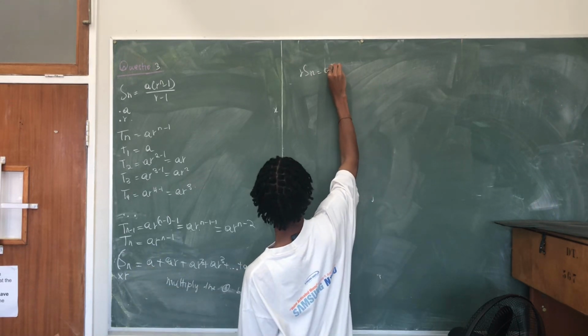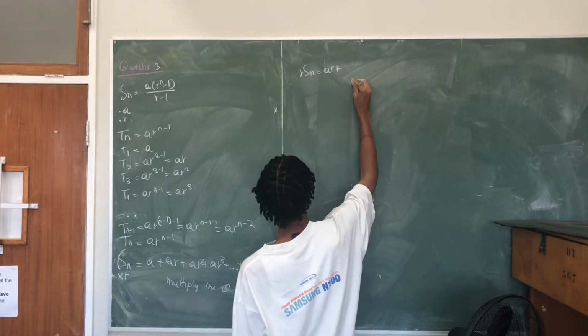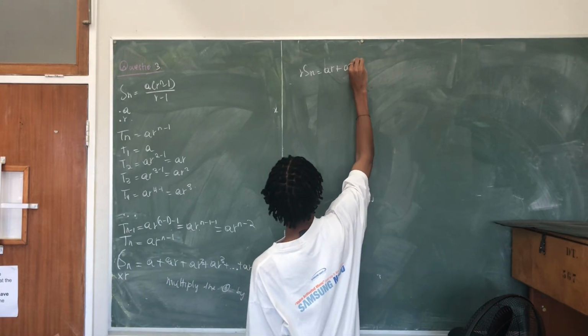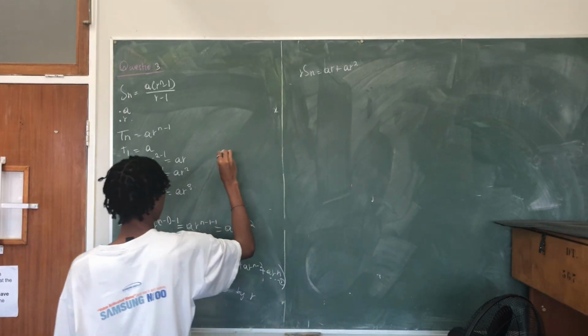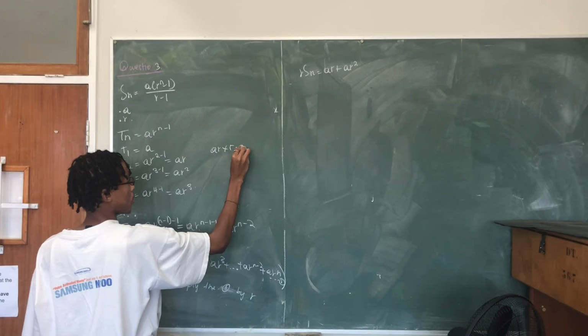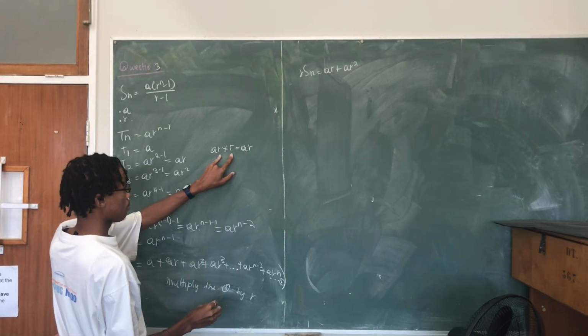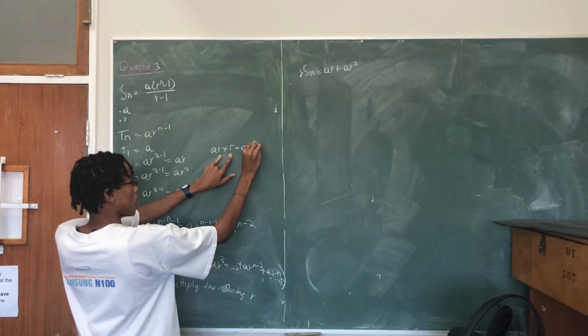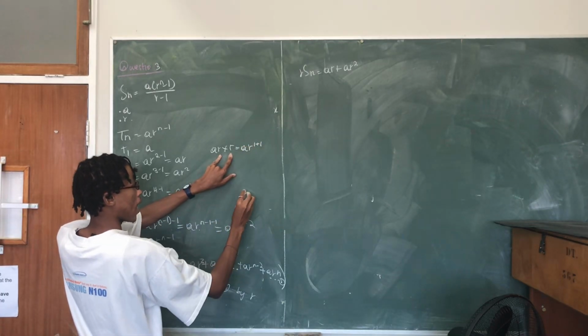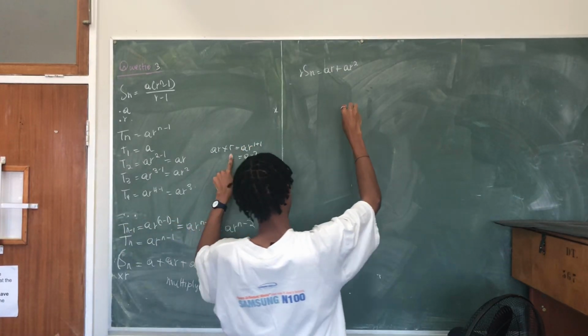We're going to have a r plus a r times r, which is going to be a r squared, because we have two r's multiplying each other. The exponents are going to be added so that we have a r squared. That's how I have a r squared.